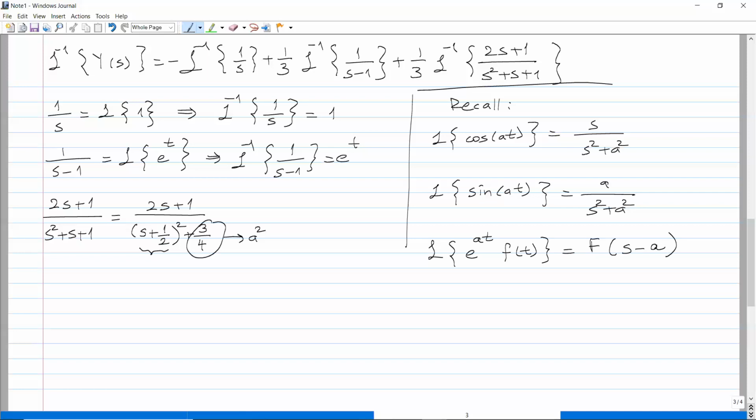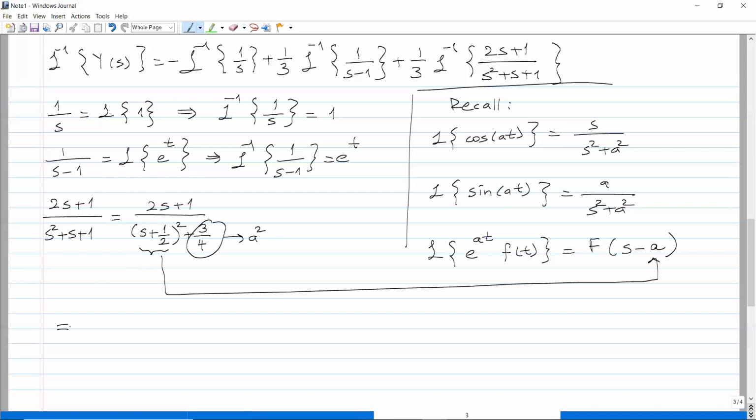Okay, so we need to consider, this function has s plus 1/2. So this 1/2 is like this a here, so minus 1/2. But we need to see the same thing. We need to consider the whole function. In the whole function, we need s plus 1/2. So since I have s plus 1/2 in the denominator, I should have the same in the numerator.